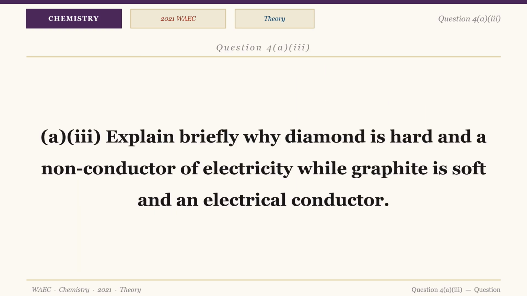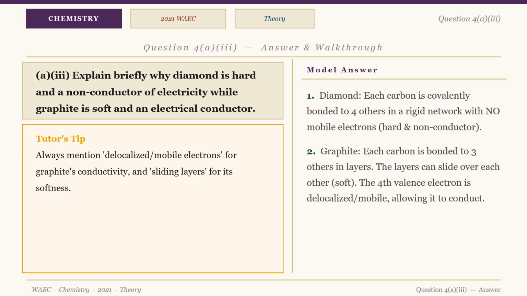AIII, explain briefly why diamond is hard and a non-conductor of electricity, while graphite is soft and an electrical conductor. So now remember to always mention delocalized or free mobile electrons for graphite conductivity and sliding layers for its softness.